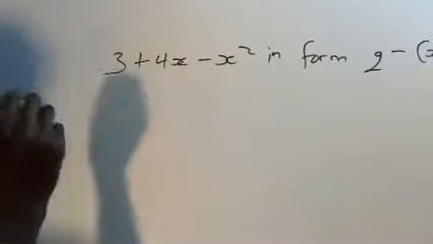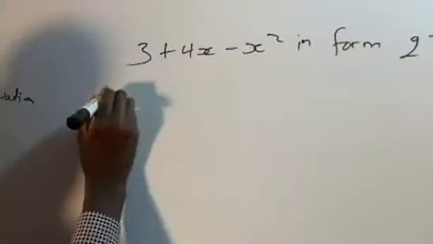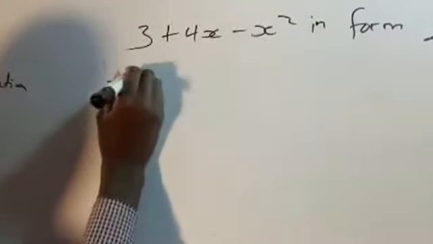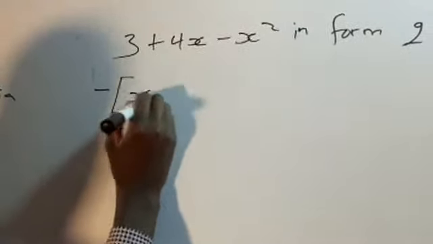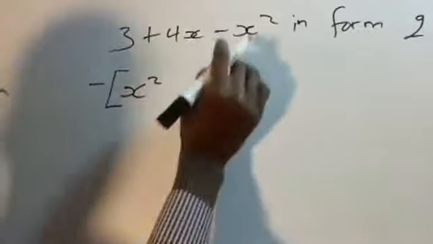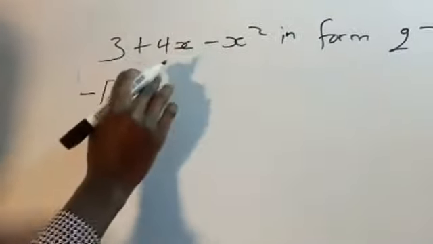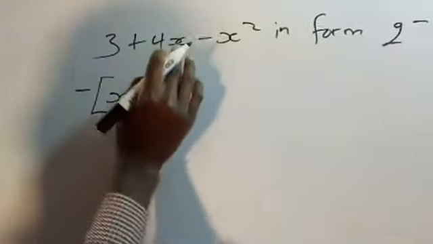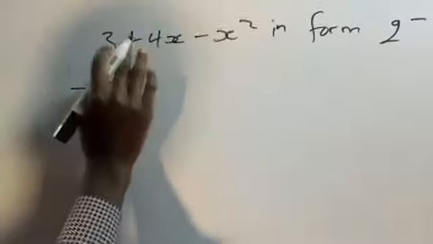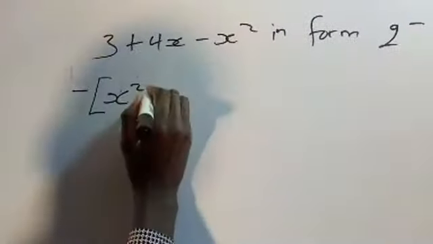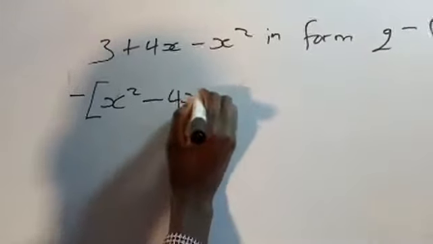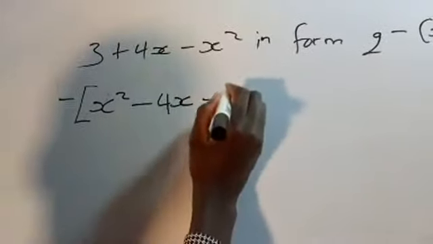So we take a negative out of the brackets, making it positive, and the others become negative: negative into x squared minus 4x minus 3.